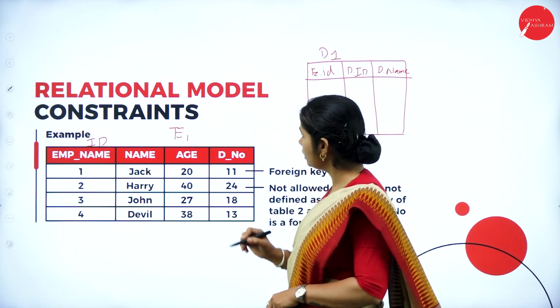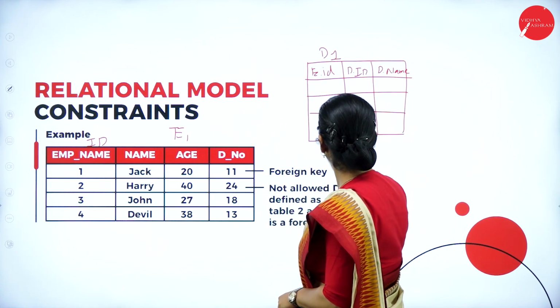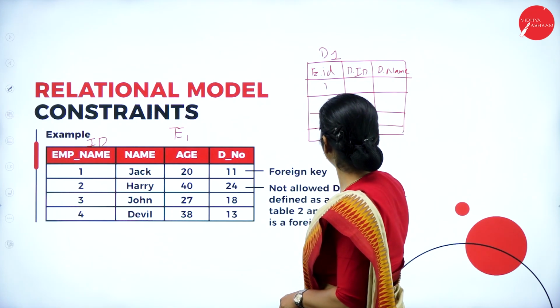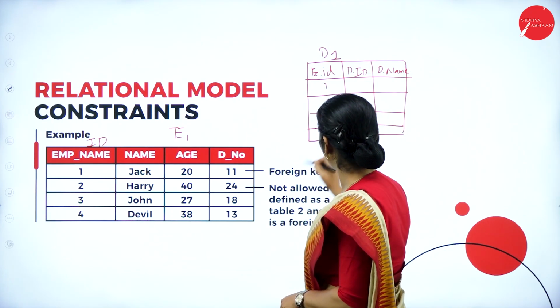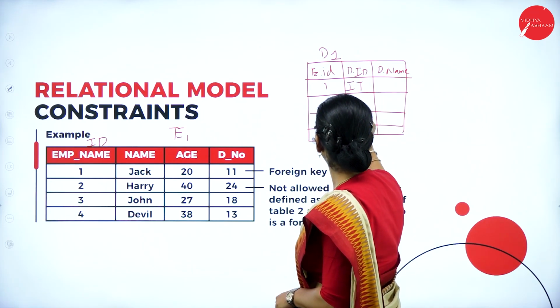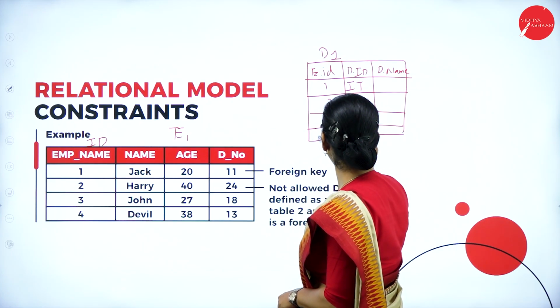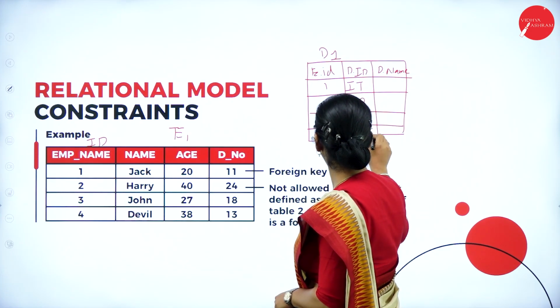Here the employee ID has four values, 1, 2, 3 and 4. Employee 1 is working in the IT department, 2 is working in HR, 3 is working in IT and 4 is working in marketing.